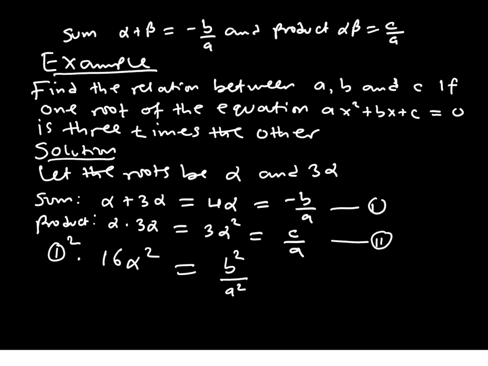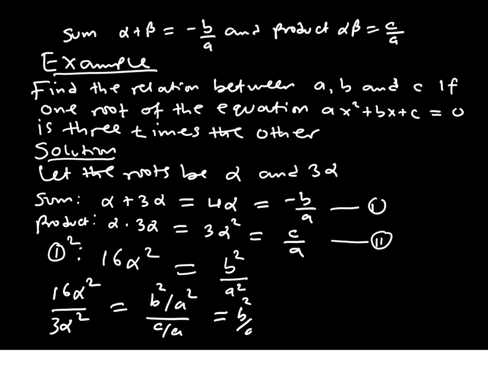Now, what I do: I'll have 16 alpha squared, and if I divide by 3 alpha squared, I'll end up with b squared over a squared divided by c over a. If you go ahead and simplify, this is going to be b squared over a squared times a over c, and therefore, what do you get? You end up with b squared over ac.